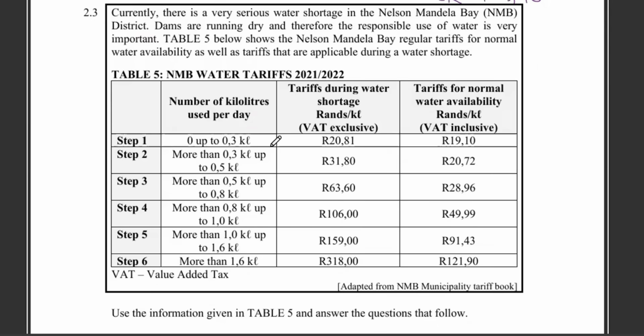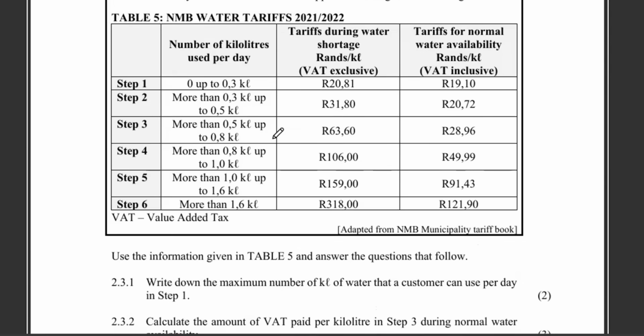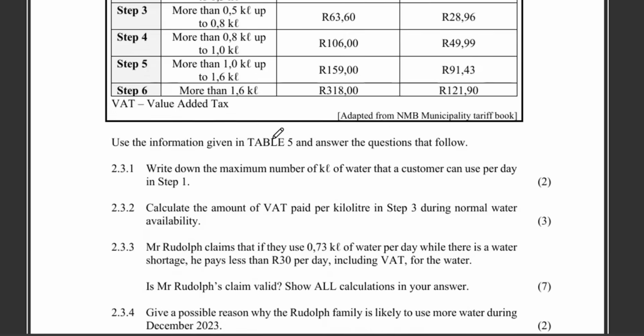Dams are running dry, and therefore responsible usage of water is very important. Table 5 below shows the Nelson Mandela Bay regular tariffs for normal water availability, as well as tariffs that are applicable during a water shortage. Okay, that's how the table looks, and we continue.